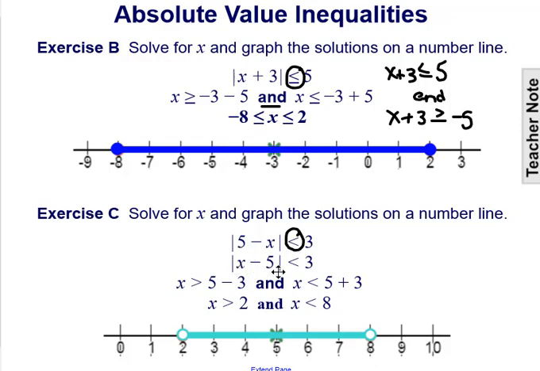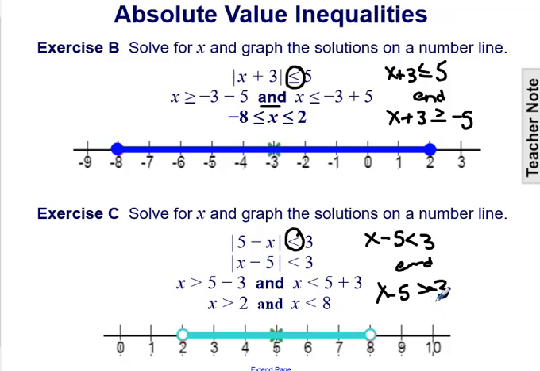So the absolute value of x minus 5 is less than 3, which splits into x is greater than 5 minus 3, and x is less than 5 plus 3. Or we can split it like x minus 5 is less than 3, and x minus 5 is greater than negative 3. You switch the sign and you switch the sign of both. So it's almost like a double switch.